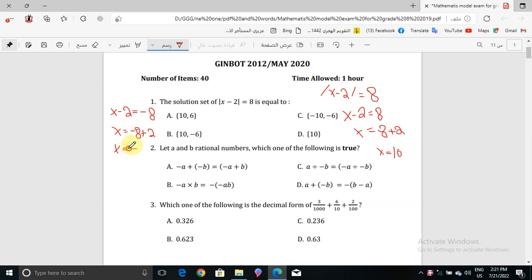Then negative 8 minus 2, it will be negative 6. So that means we have here two solution sets: first of all, positive 10 and negative 6. Which one of the choices here has positive 10 and negative 6? Actually, it is choice B. So choice B is the correct answer for question number 1.